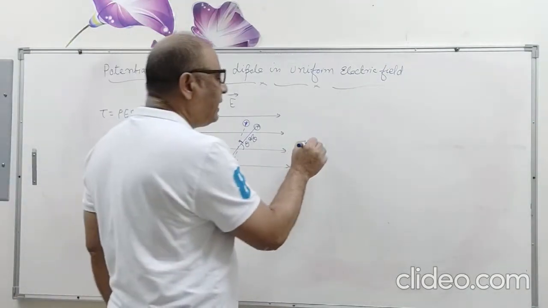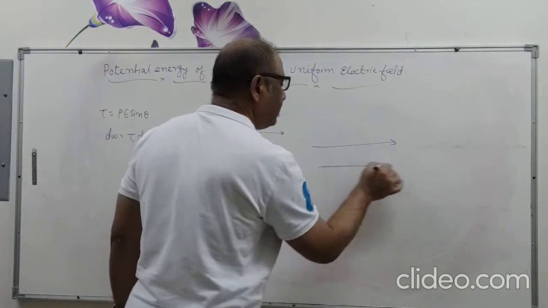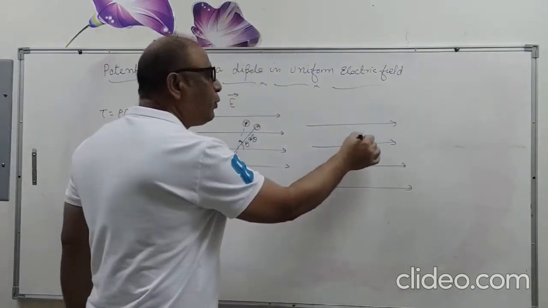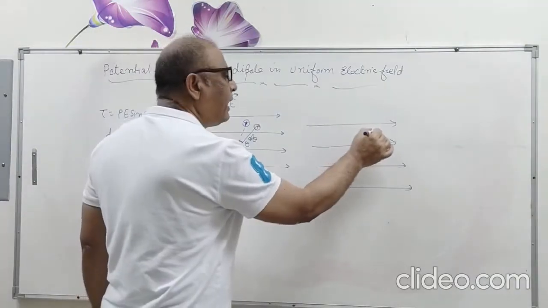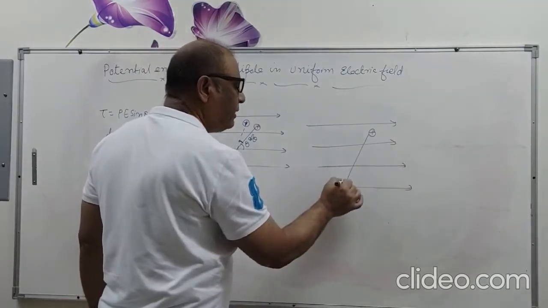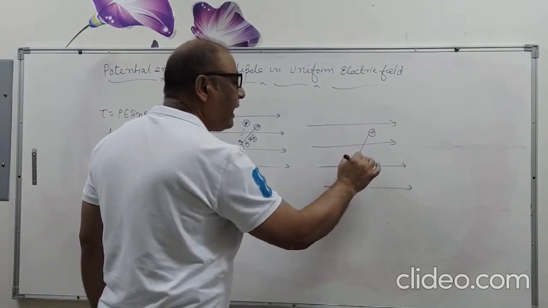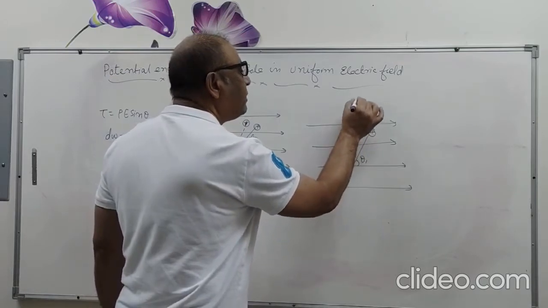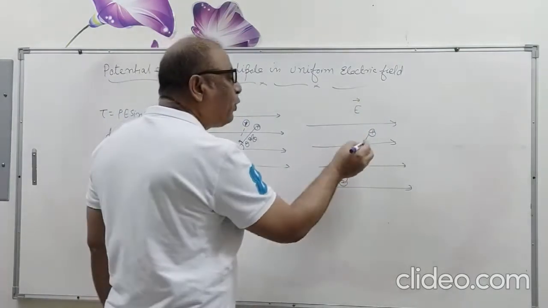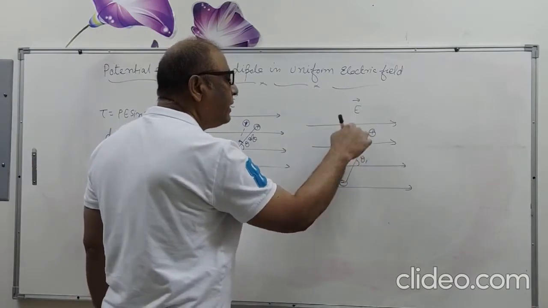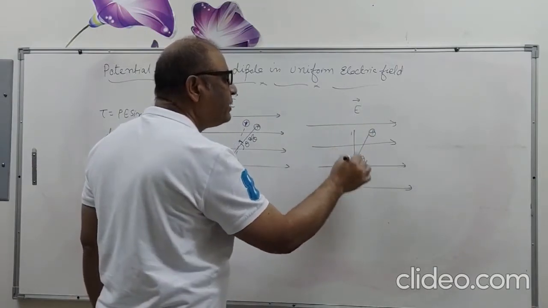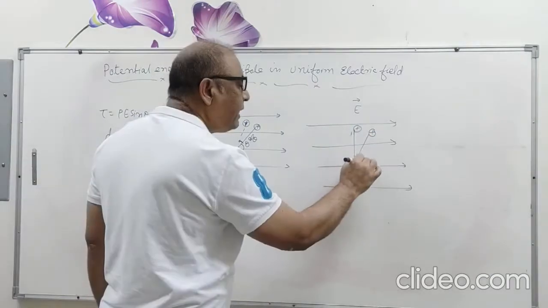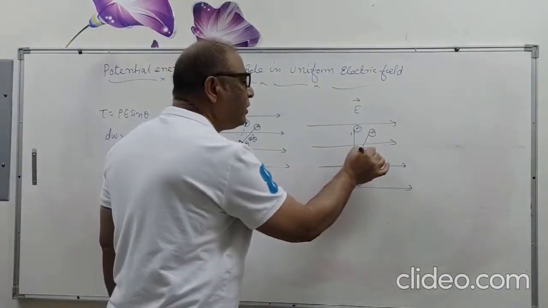Now I am drawing the line again. Suppose the dipole is here, with positive and negative charges, and the angle with the electric field is theta 1. Now the dipole position is changed again, positive and negative, and the angle from the electric field is theta 2.